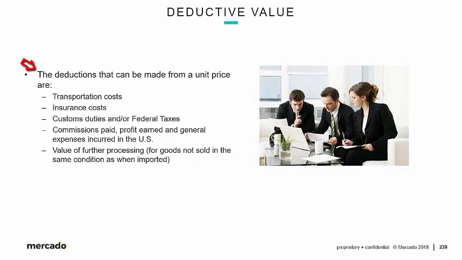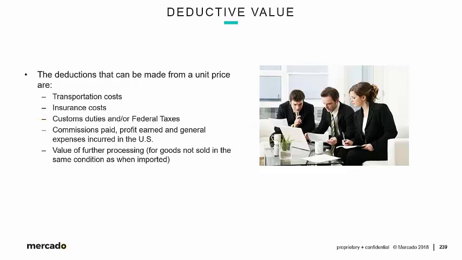The deductions that can be made from a unit price at the vendor's door overseas are, of course, transportation costs. We talked about that. Insurance costs, marine cargo insurance, basically. Customs duties and or federal taxes paid in the United States on the imported merchandise. Any commissions paid, profit earned, and general expenses incurred in the United States.